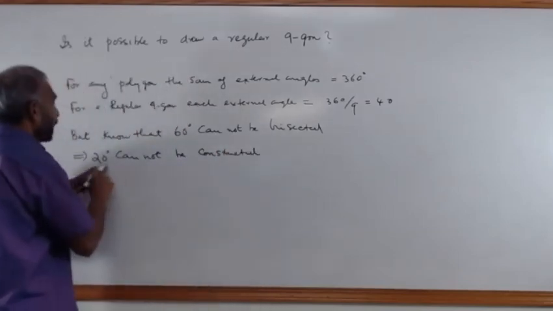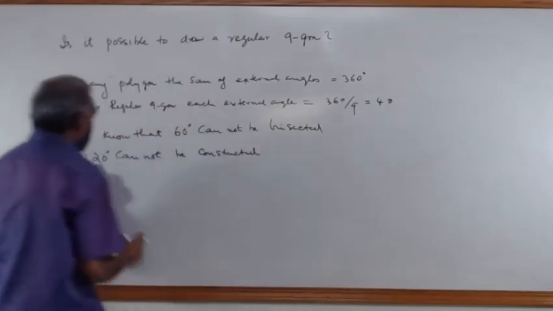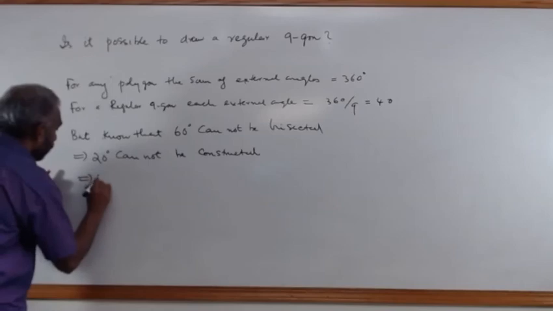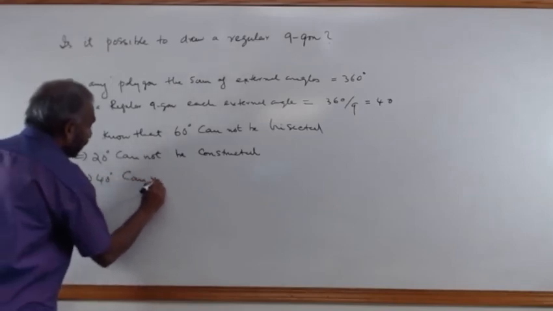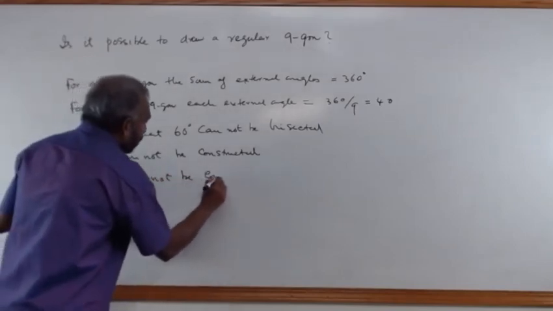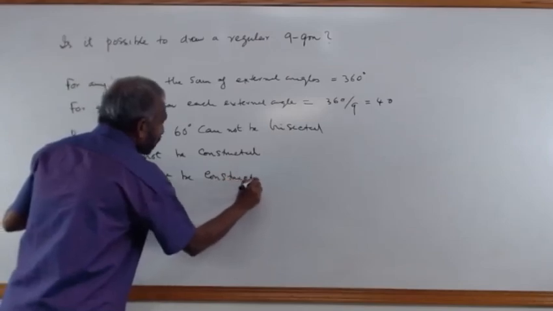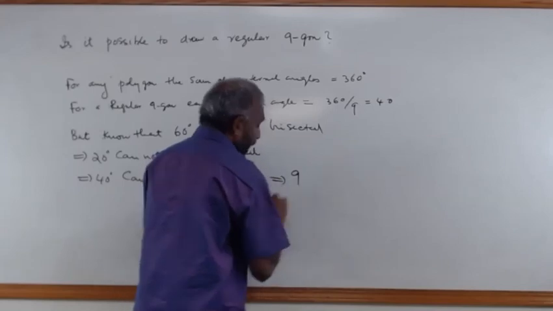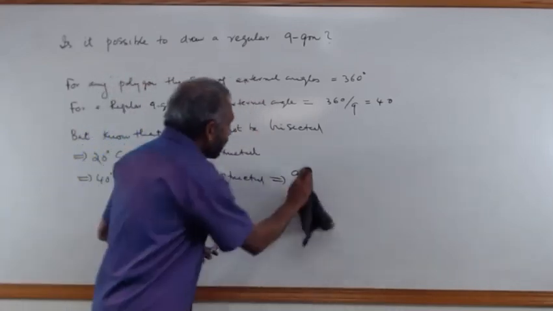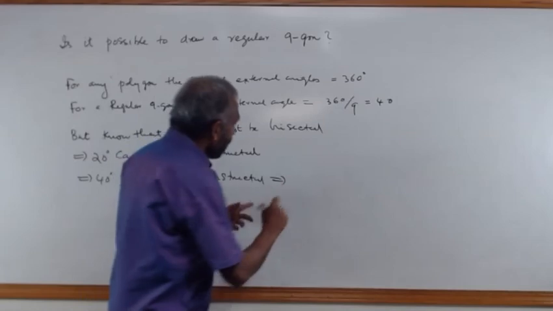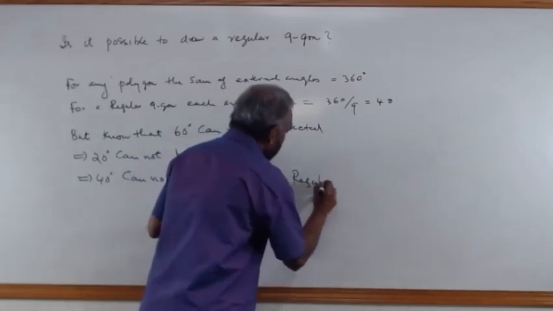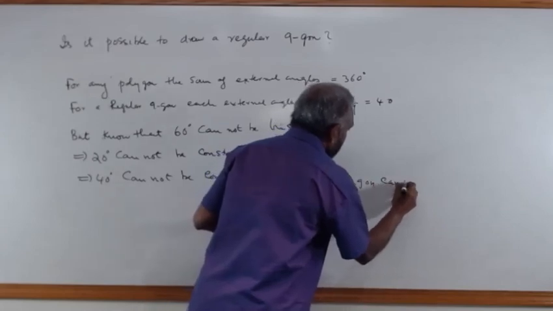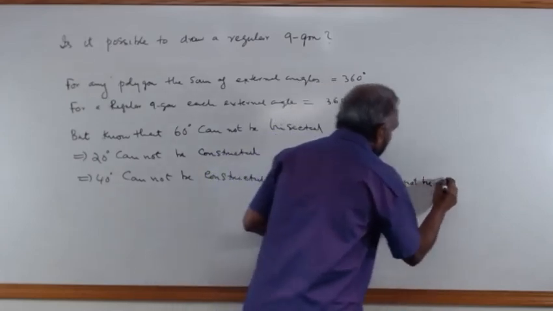If 20 degrees can be constructed, 40 degrees can be constructed. So 20 degrees cannot be constructed means 40 degrees cannot be constructed. Implies regular 9-gon cannot be constructed.